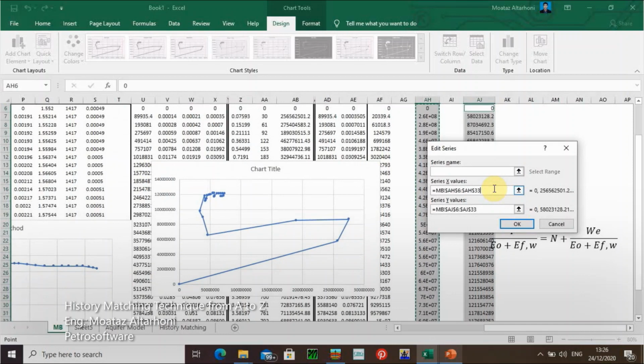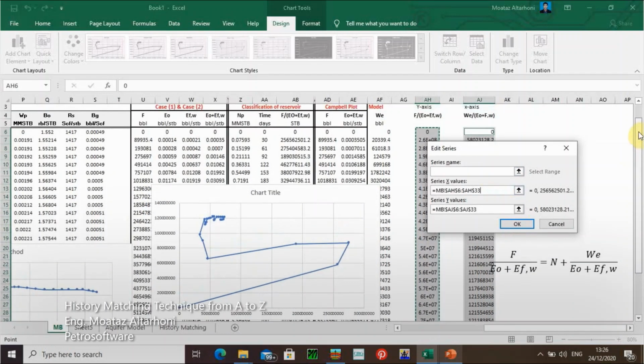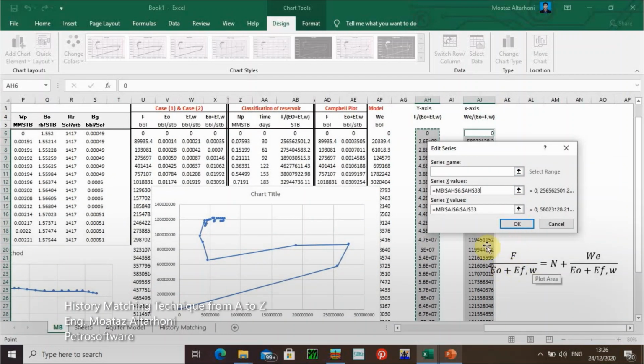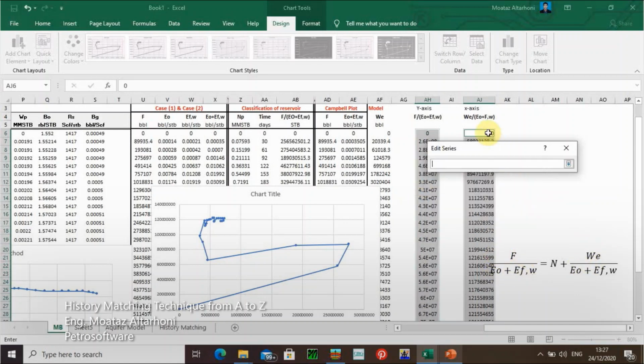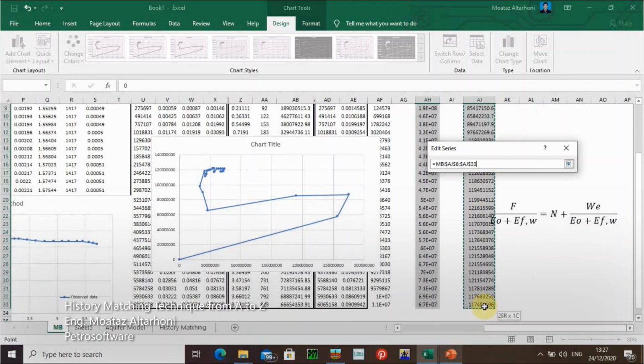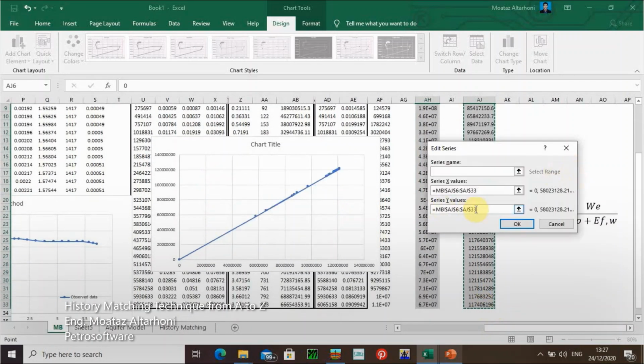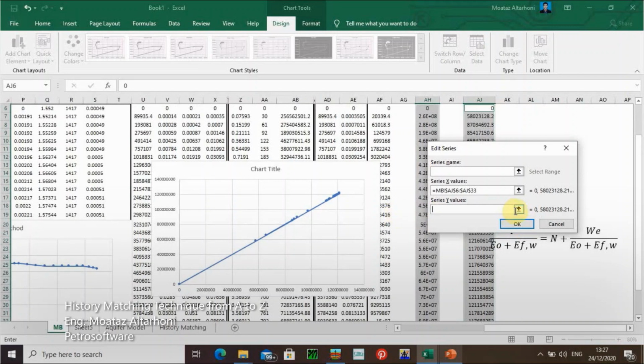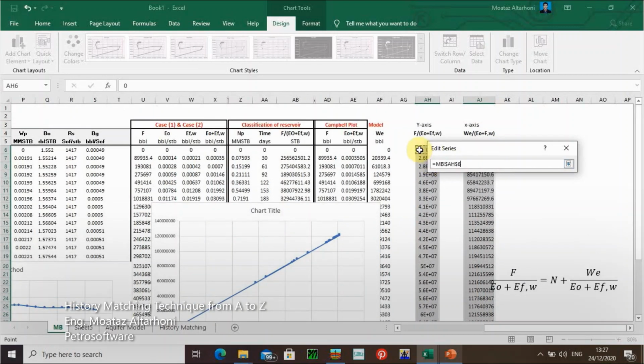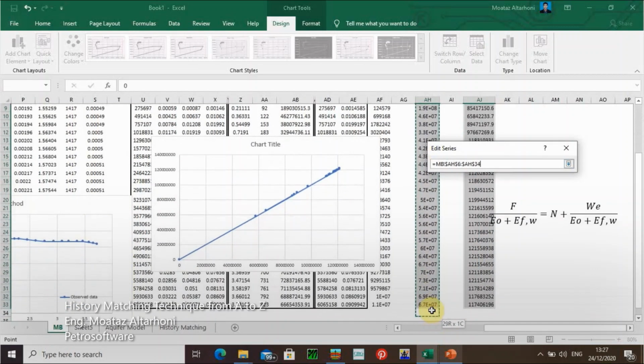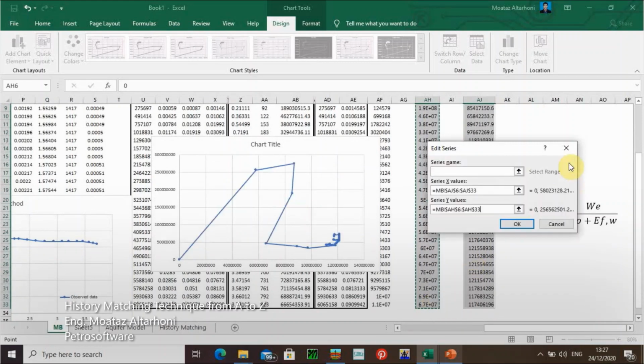What's in X? No, I need to use this here in X. I need to use the water, not this. I will delete the first number, the zeros, I don't need them in my diagnostic. That's Y, that's clear.